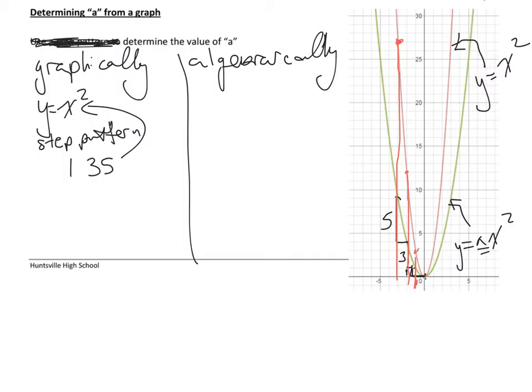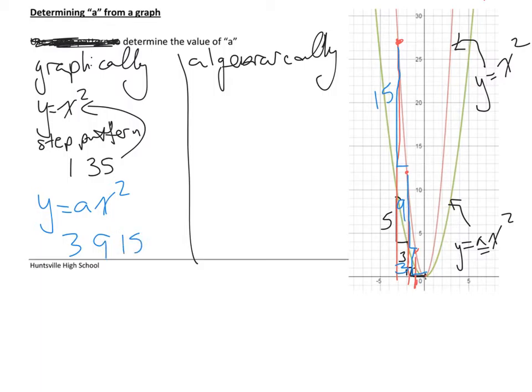From the origin, or from the vertex, to the first point was 3, and up to the next one was 9, and up to the next one was 15. So next thing I do is I write for y equals ax squared, my step pattern was 3, 9, and 15.